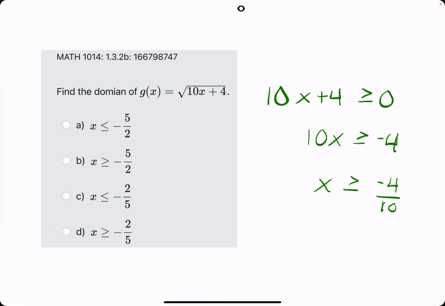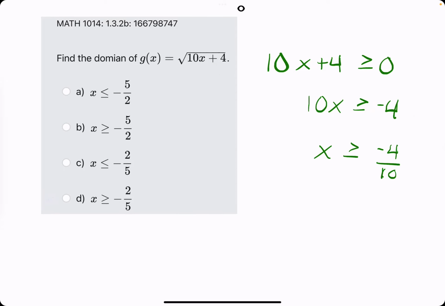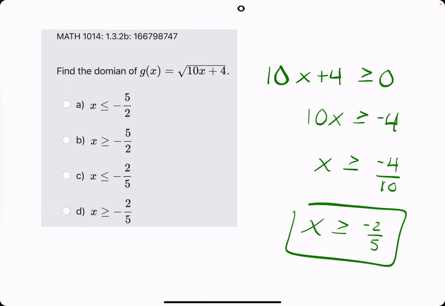So dividing by 10 does not flip the sign this time because we did not divide by a negative, but we maybe have to simplify this fraction. So let's simplify this. Dividing each numerator and denominator by 2 would give us -2/5. So x is greater than or equal to -2/5. This is our domain.